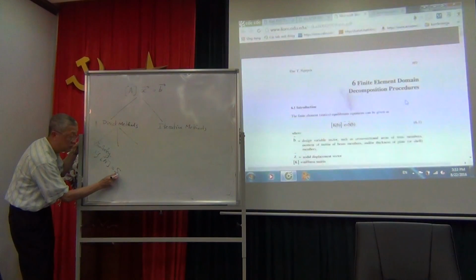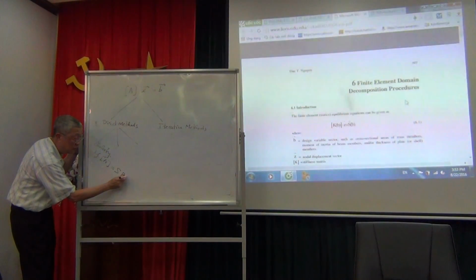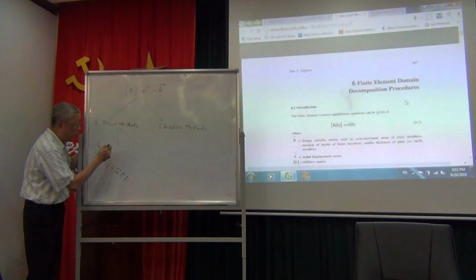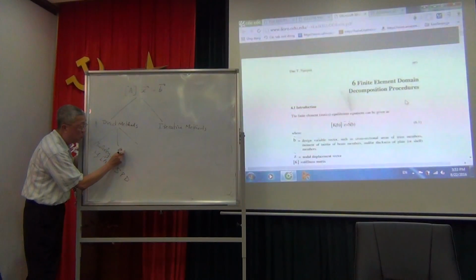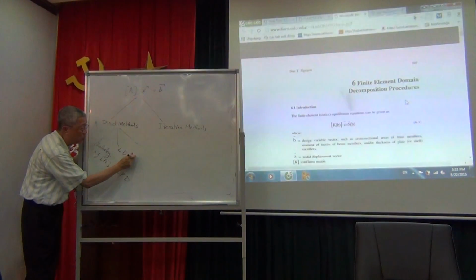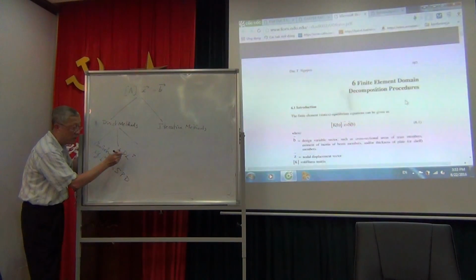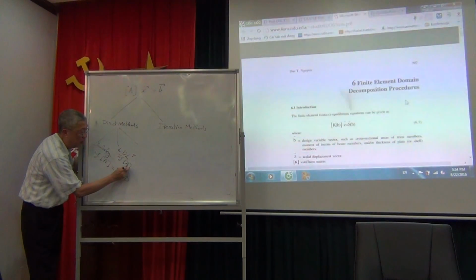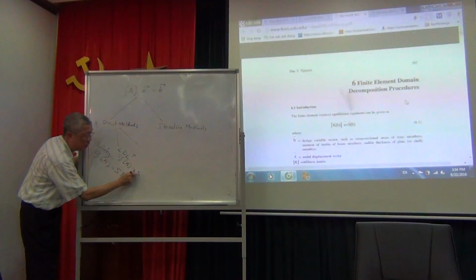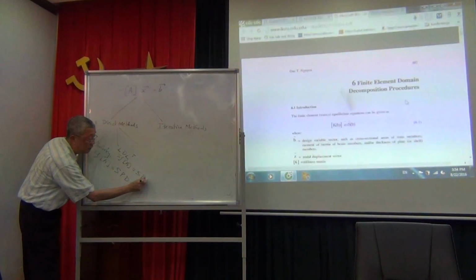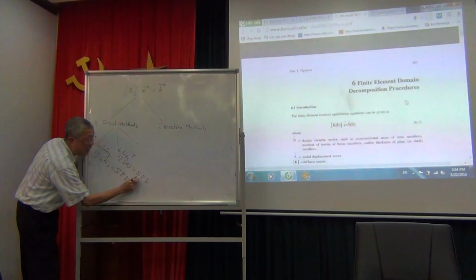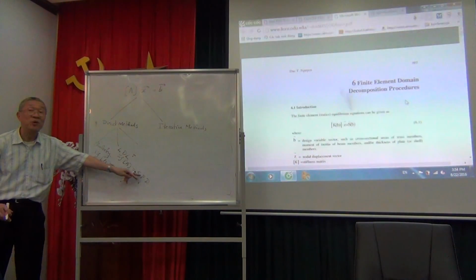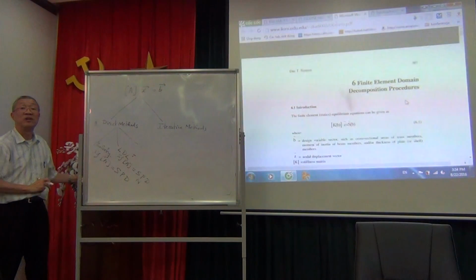Symmetric, positive, definite. So you get the Cholesky. There's another method we call LDL transpose. You use this method if the matrix A is symmetric, and either positive definite or negative definite. It could be positive, it could be negative. Then you use this method.